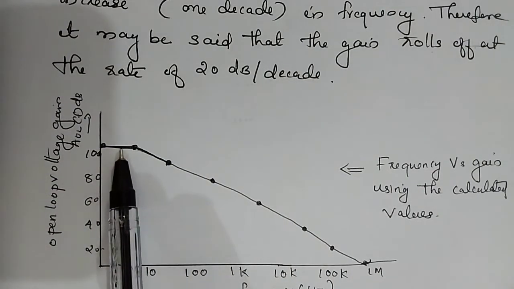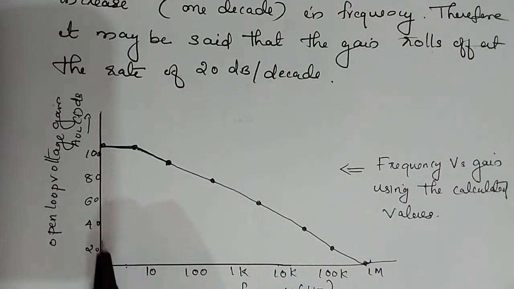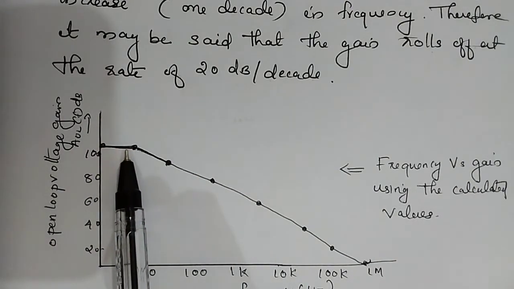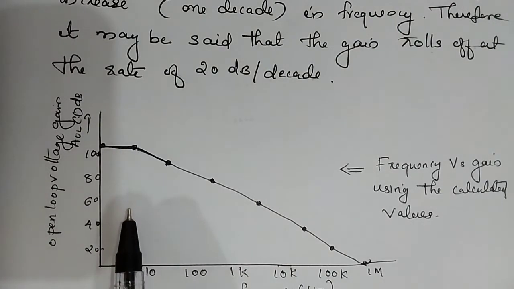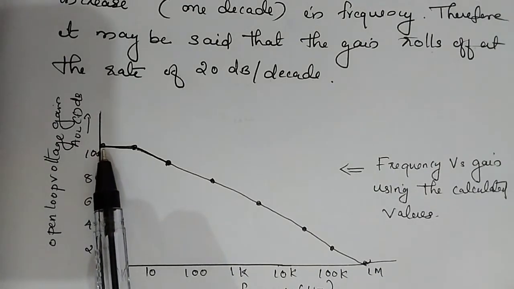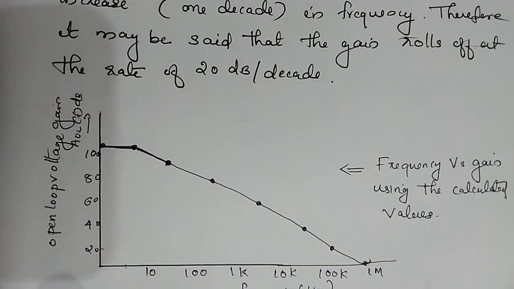Also we can see that at 5 Hz, or at the break frequency f0, the gain is 3 dB down from its value at 0 Hz. So we can conclude that from the calculated values we get the expected range of values both in the low frequency range and in the high frequency range. This is about the open loop gain as a function of frequency. Thank you.